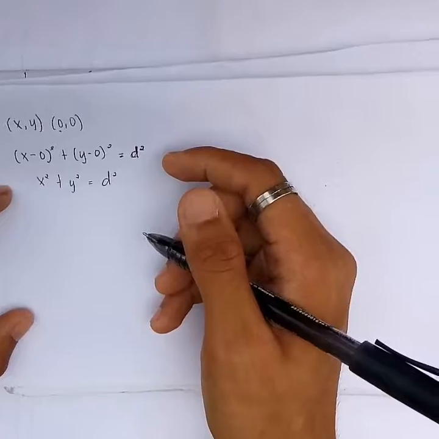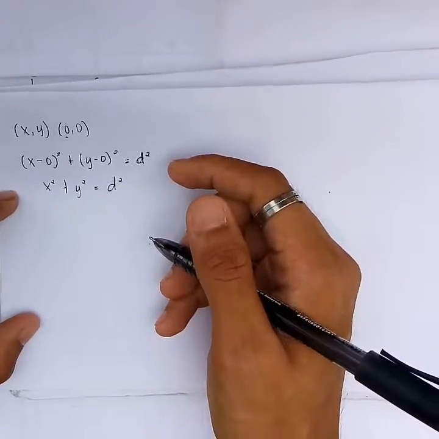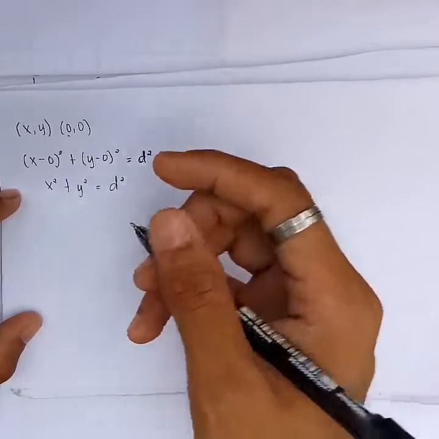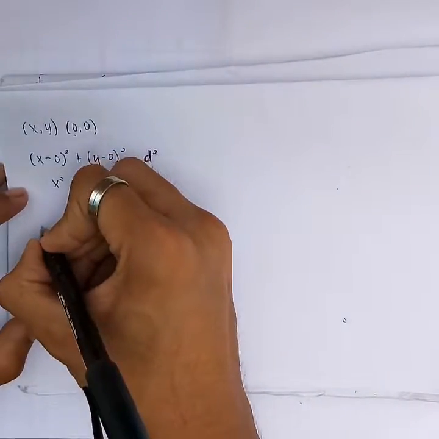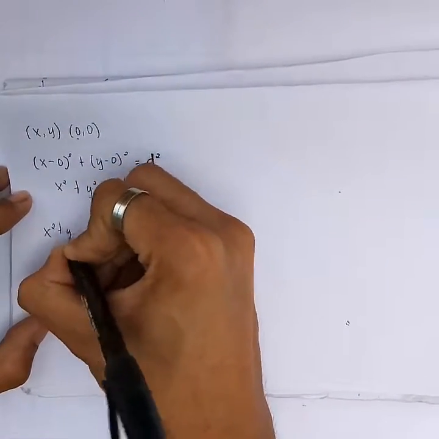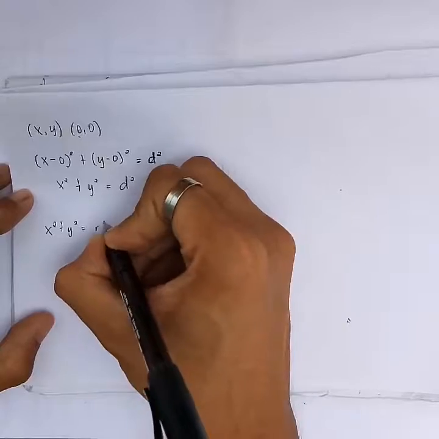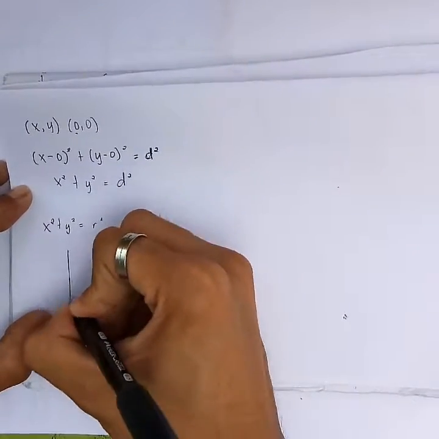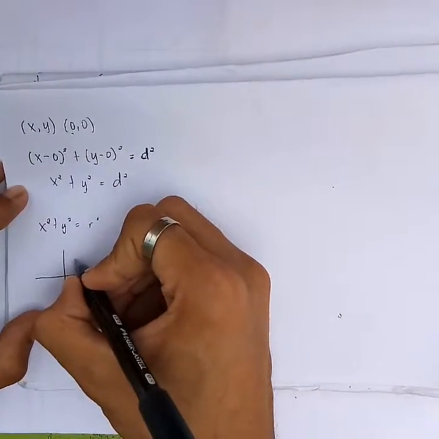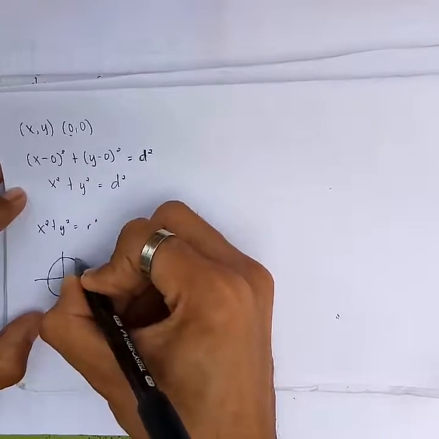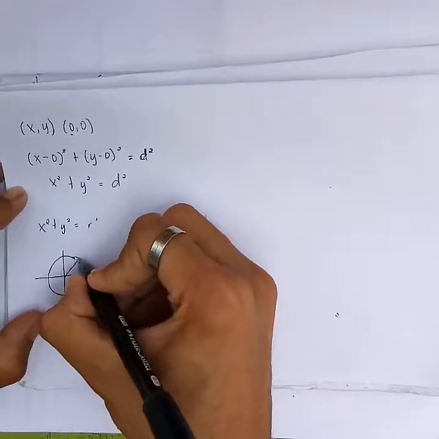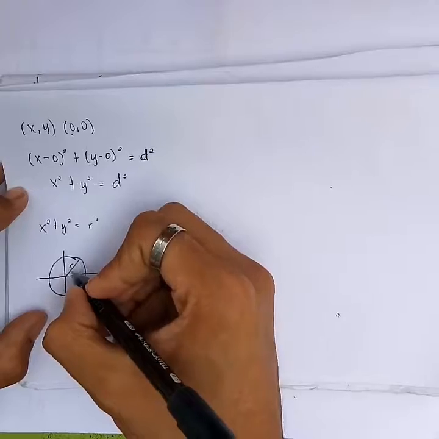We do have two equations in circle. The first equation is like what we did earlier, when we do have x squared plus y squared is equal to r squared. When we plot this equation in the Cartesian plane, it will be like that.